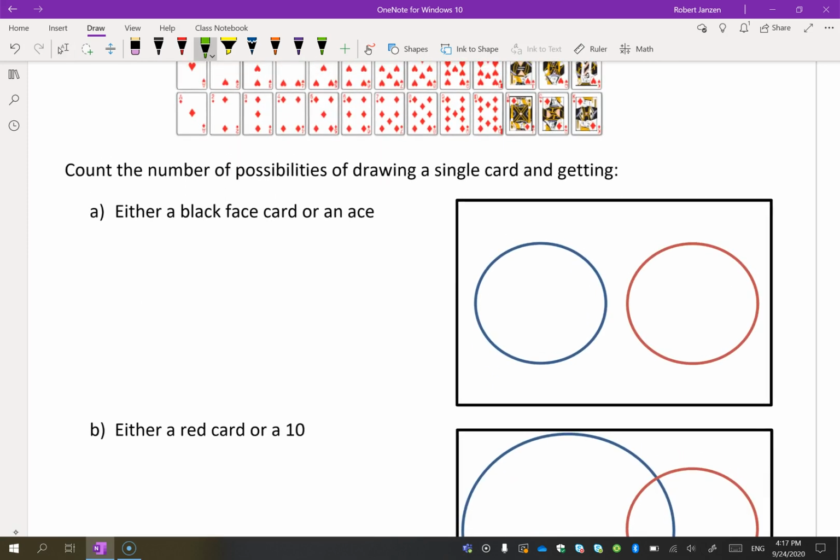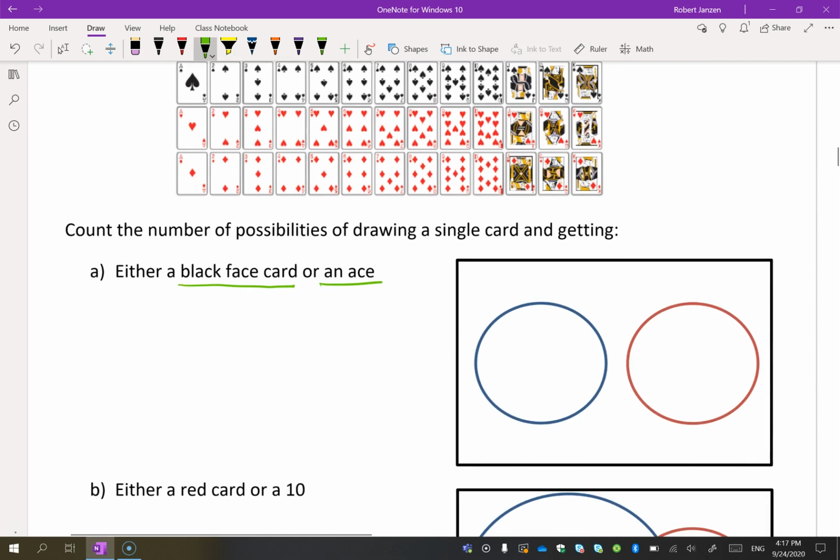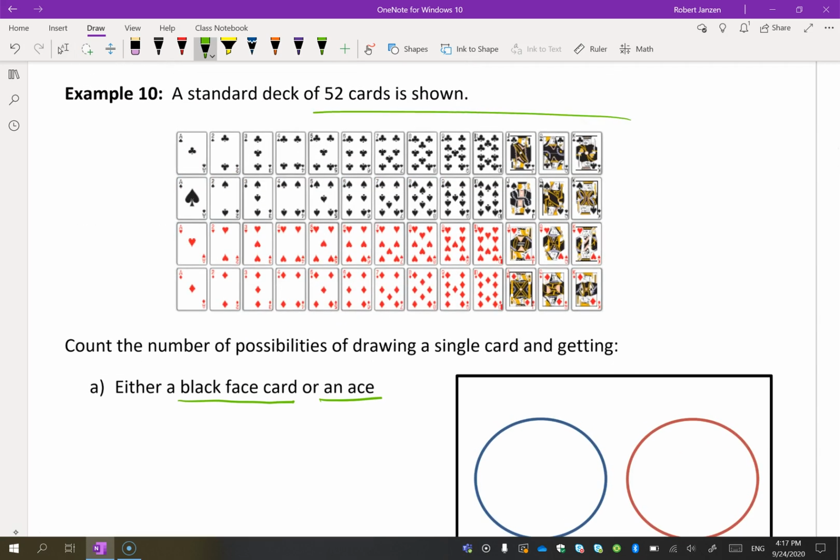Count the number of possibilities of drawing a single card and getting either a black face card or an ace. Okay, well, how many black faces are there here? Black face card is just these ones right here.